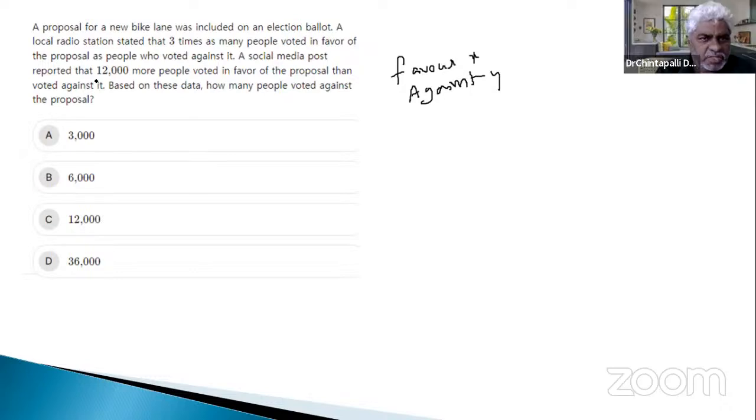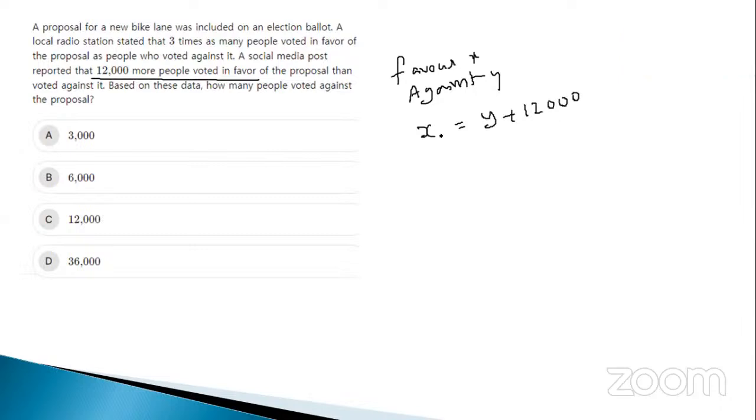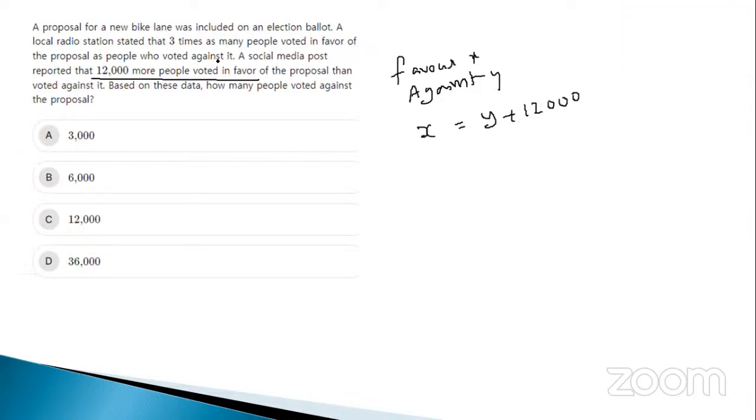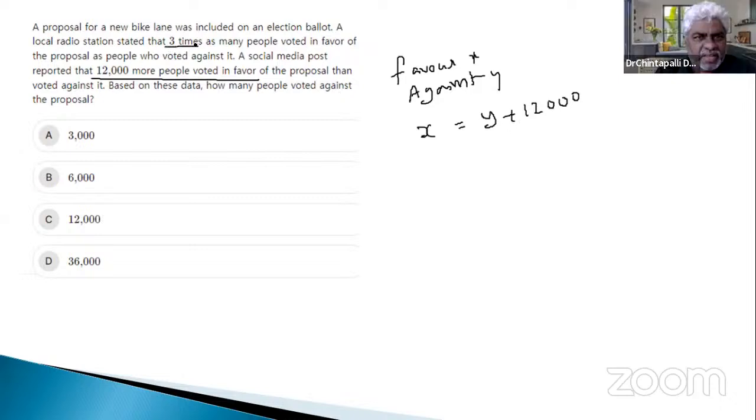Which is more? 12,000 more people voted in favor. Favor is highest. So x is equal to y plus 12,000. Got it? Yes, sir. Favorable votes are 12,000 more than against votes. And x is 3 times y.